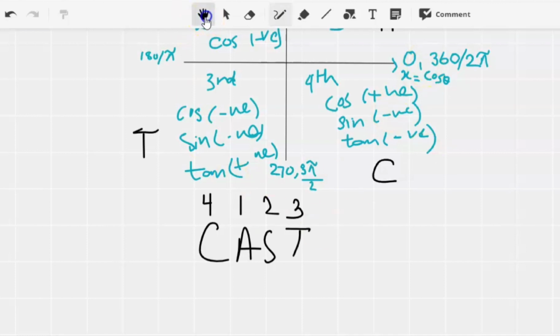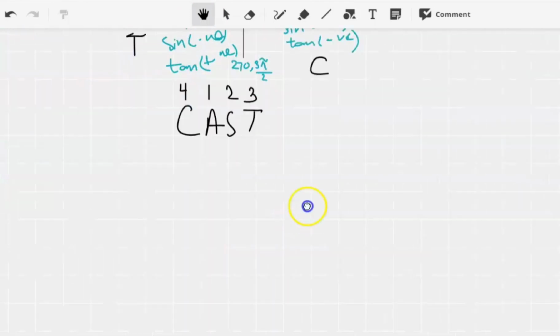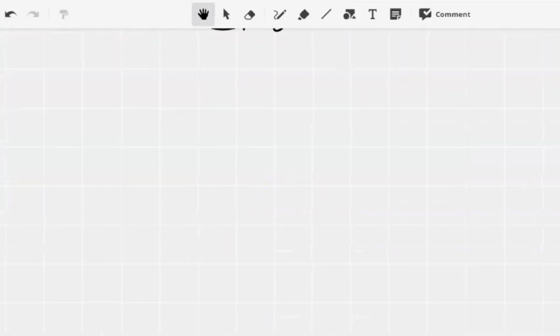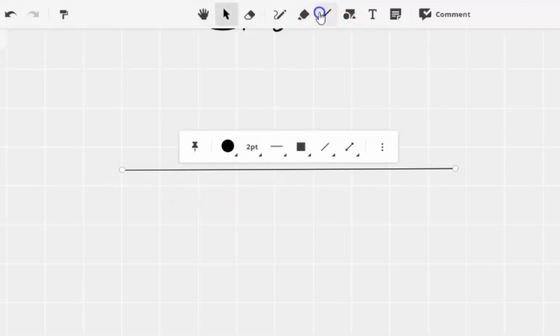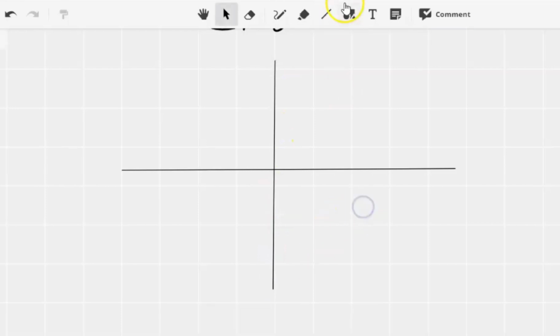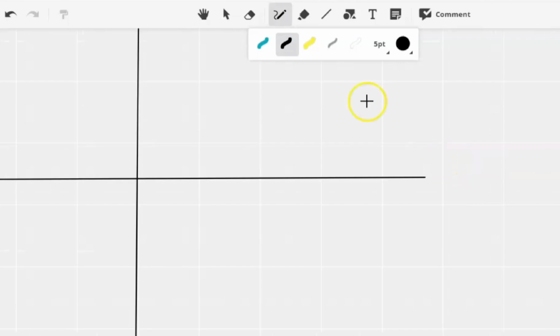So let me draw another Cartesian plane. Let's see over here. So I'm going to write the same thing again over here.